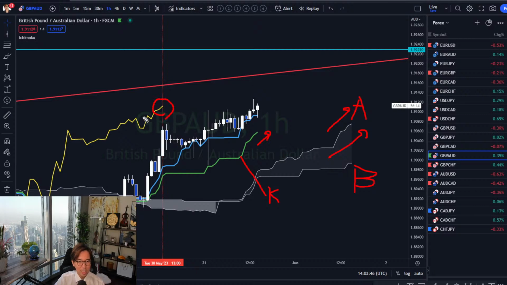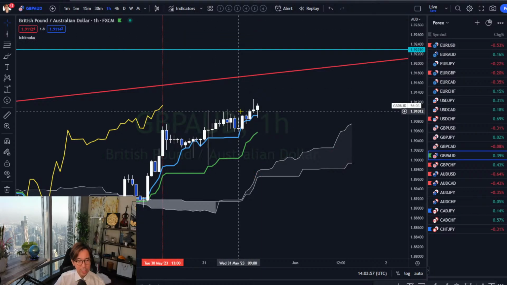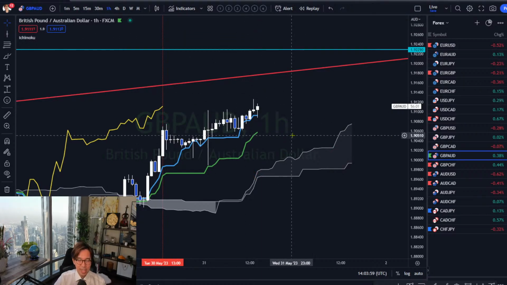Chikou span is this yellow one. If it is above candles, then this is bullish to me. So I confirm the daily bullish trend based on the 1 hour time frame.